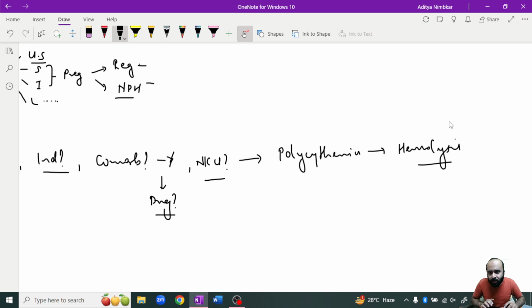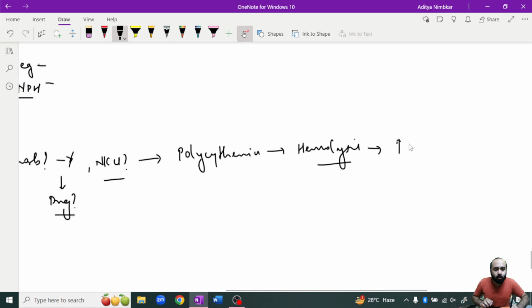When it was inside the mother's womb, the placenta was doing the work of conjugation of that unconjugated bilirubin. But once it is delivered, there is no placenta, and the fetal liver is too immature to conjugate such large amounts of unconjugated bilirubin. This leads to an increase in unconjugated or indirect bilirubin in the fetus.